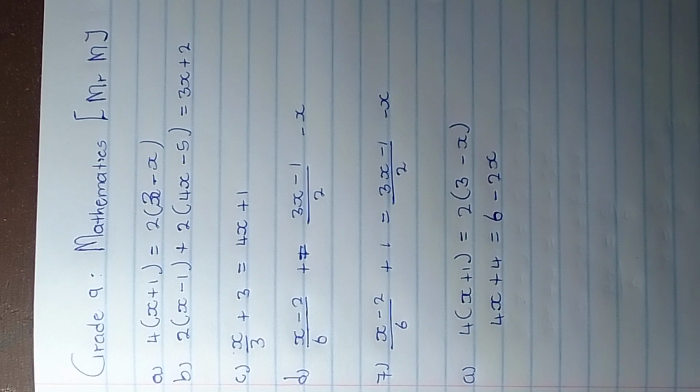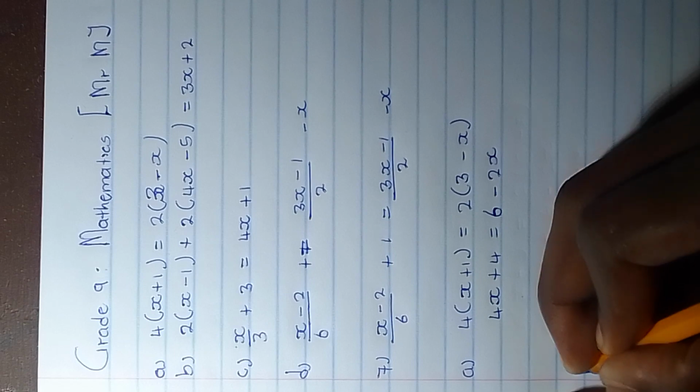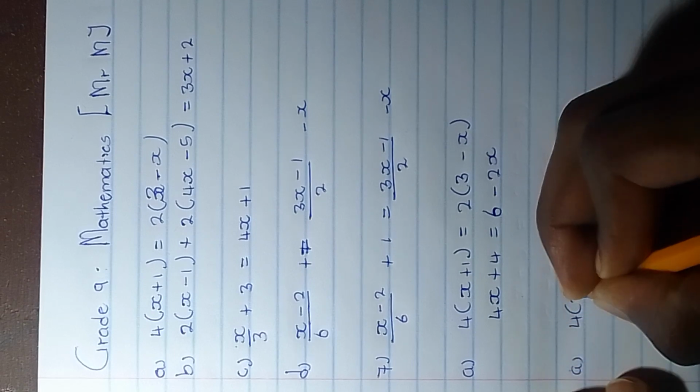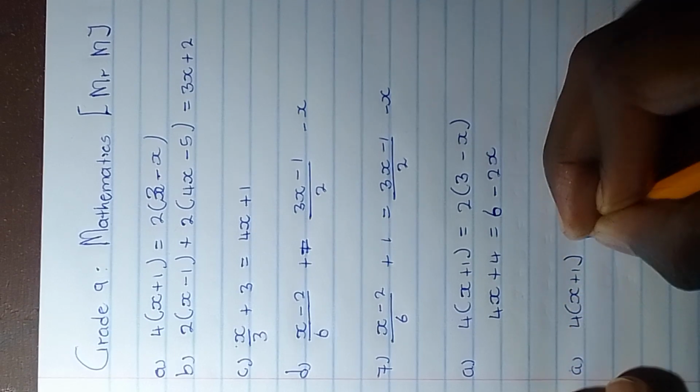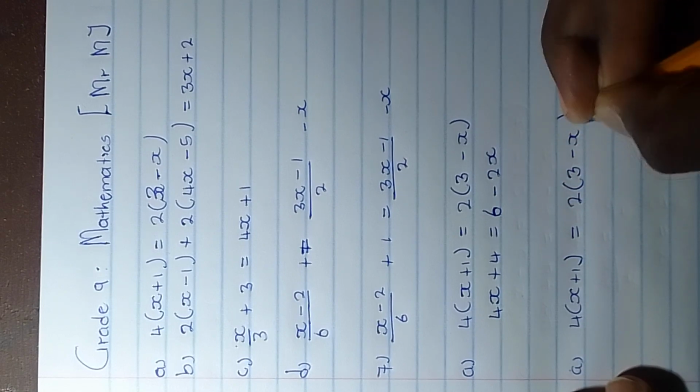Let's continue with the first term, which is 4 open bracket x plus 1 close bracket equals 2 open bracket 3 minus x.